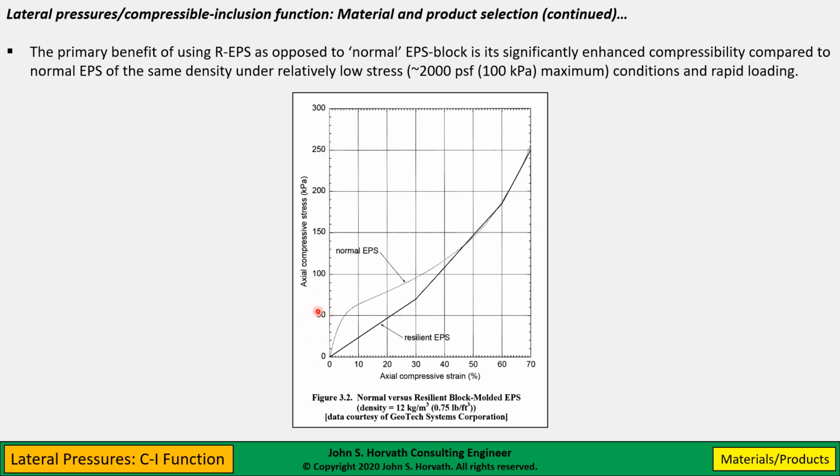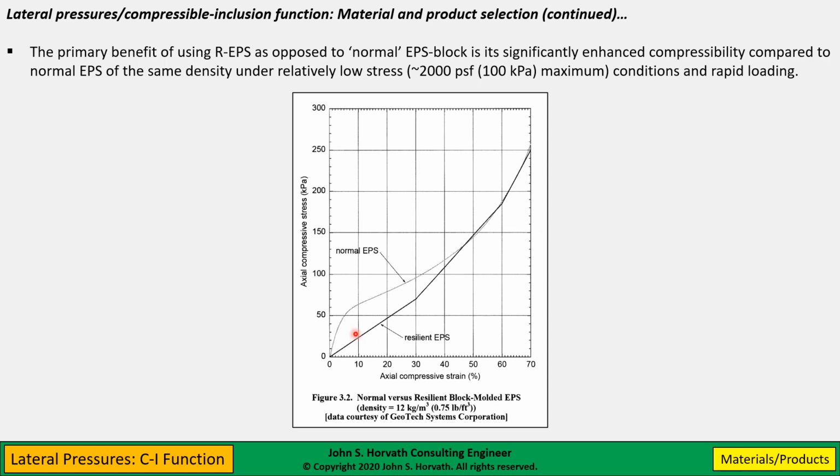This is the stress range that we're dealing with for lateral earth pressures on earth retaining structures. So notice under this stress range, and this is rapid loading, right? Again, I'm just keeping things simple for now. This is rapid loading. Notice how much more compressible the resilient EPS is than normal EPS.